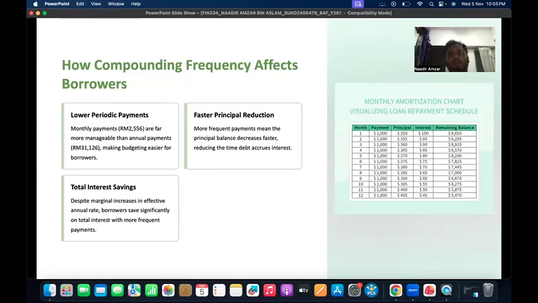The loan balance is decreasing steadily, and even though the effective annual rate might be slightly higher, the total interest paid ends up being less. So overall, the more frequent payments help borrowers save money and manage finances better.